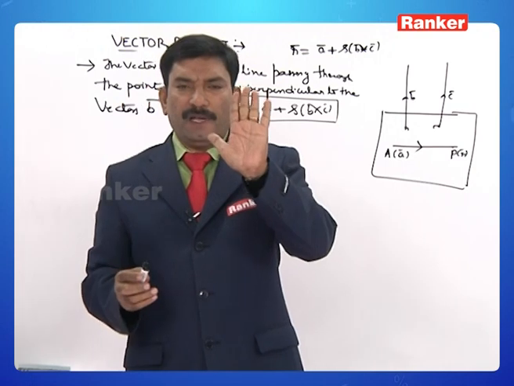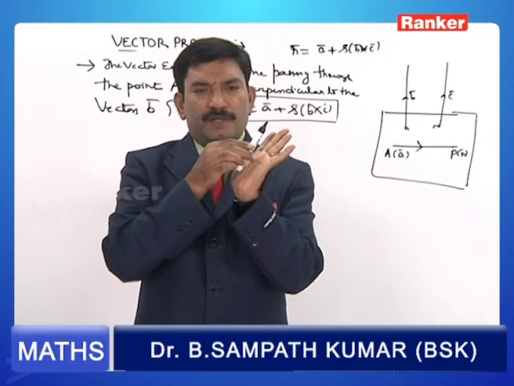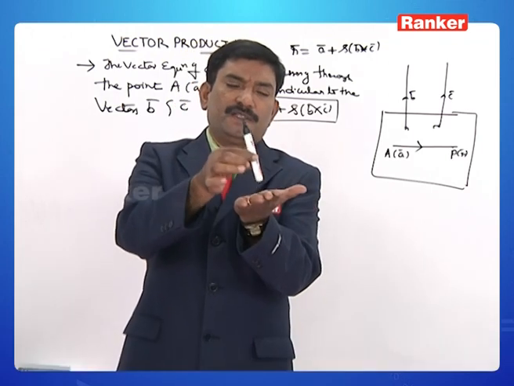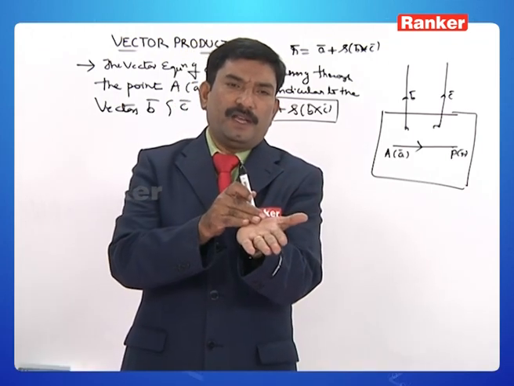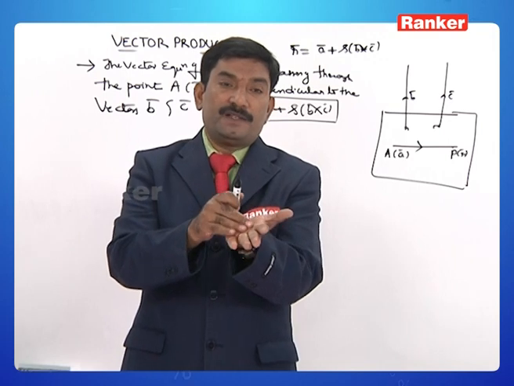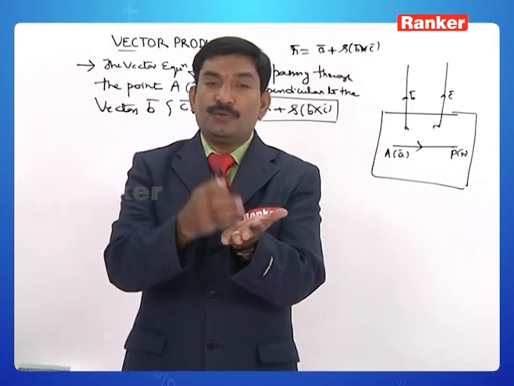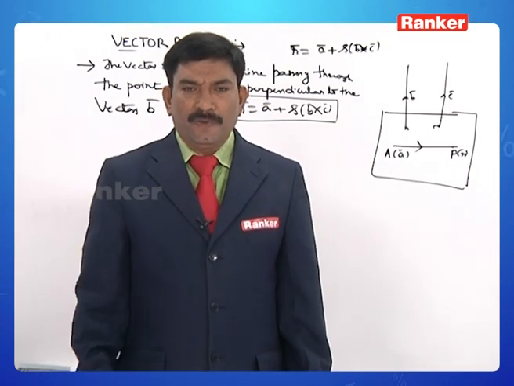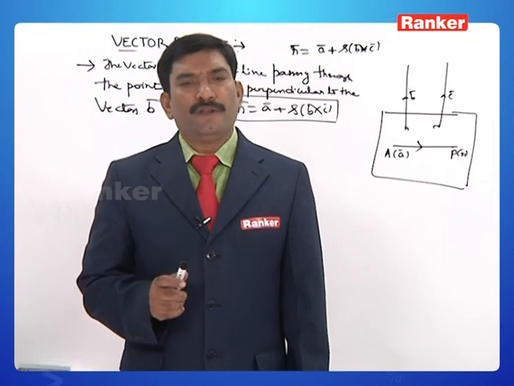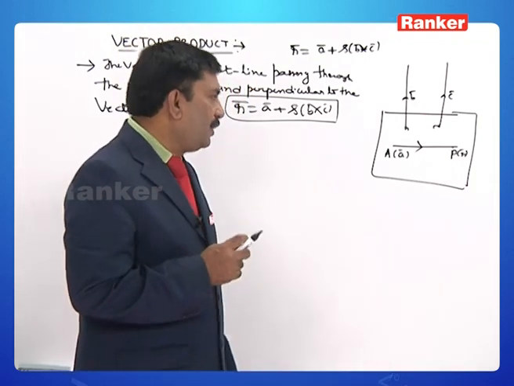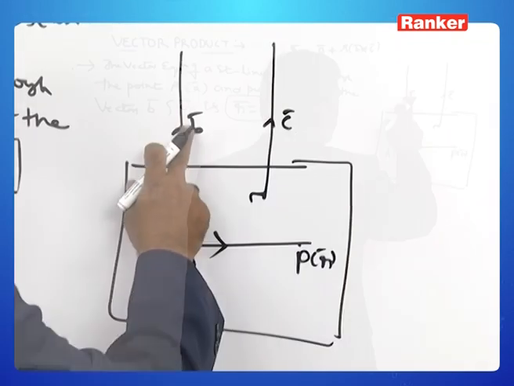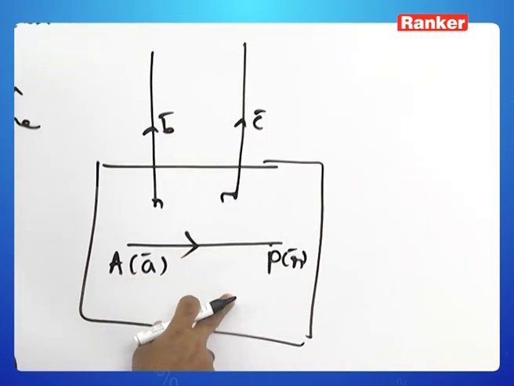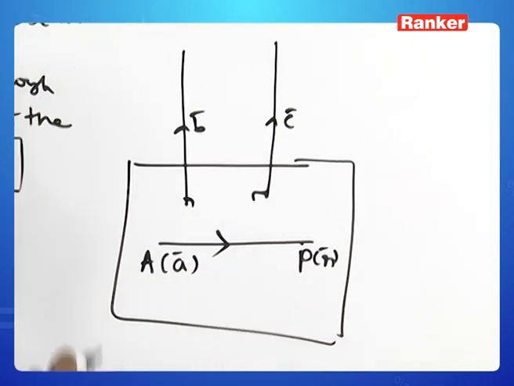If I take this as a plane, this plane contains one vector AP bar. B bar and C bar are perpendicular to the plane. That plane may contain one vector or two vectors, or any number of vectors. It is perpendicular to each and every vector. Now, when these two vectors B bar and C bar are perpendicular to this plane, they are perpendicular to AP bar.